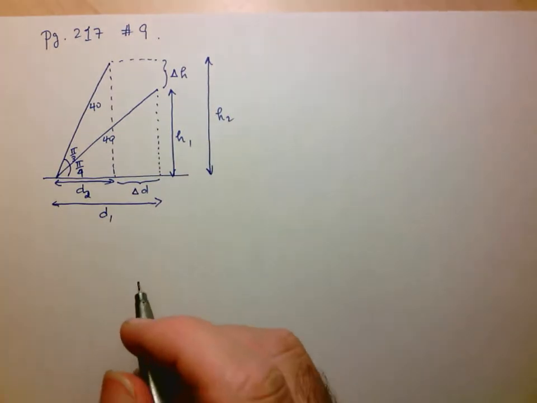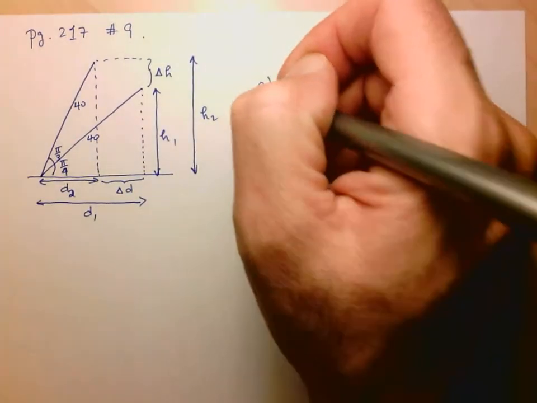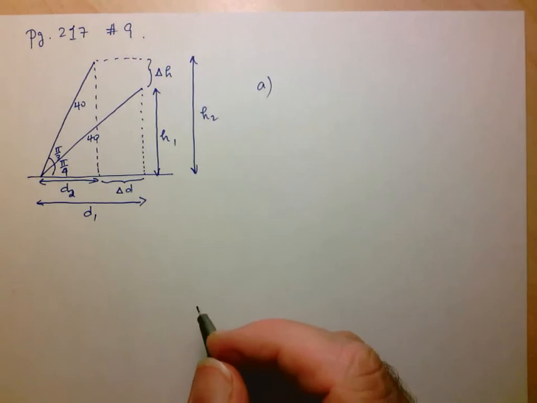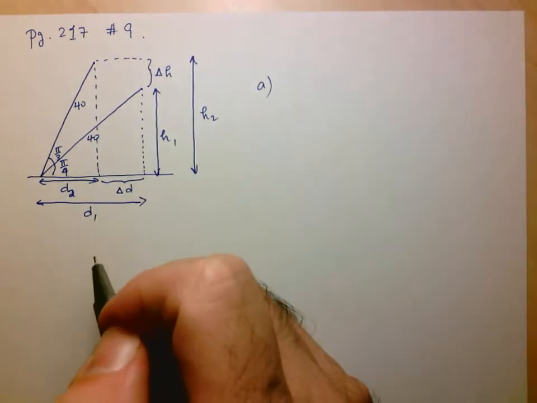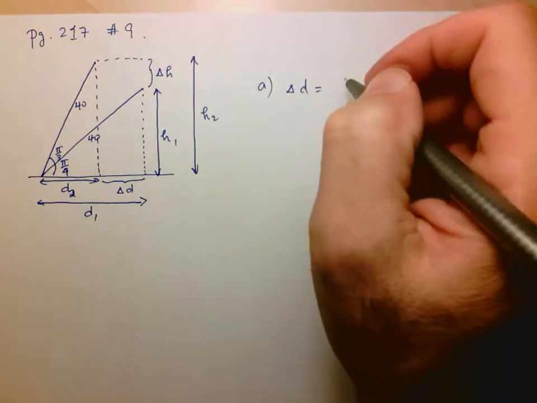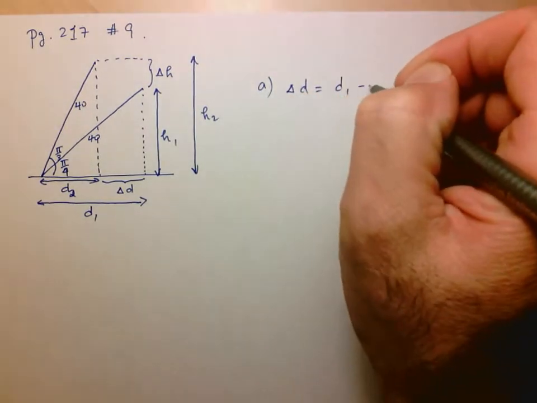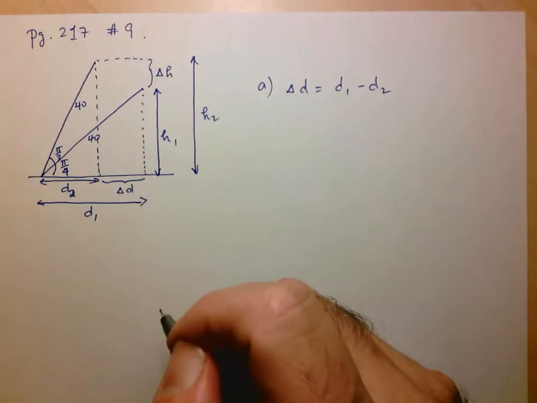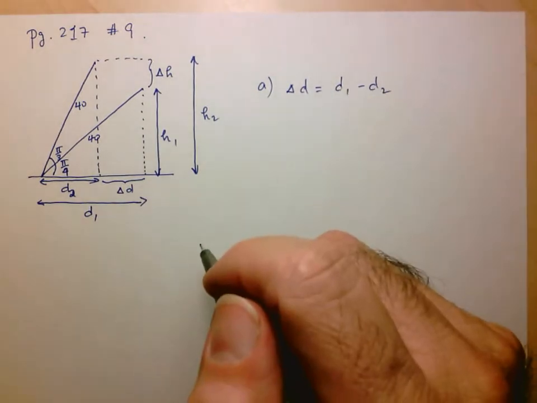So let's start with A. For A, they want us to find the exact value for the difference in the horizontal distances. So what we're looking for is delta D, which here is going to be D1 minus D2. I'll just set it up so that I know I'm going to get a positive answer.